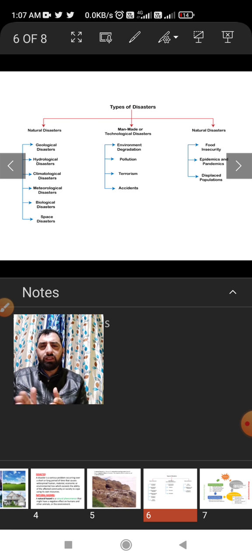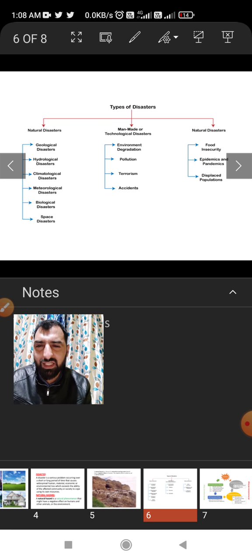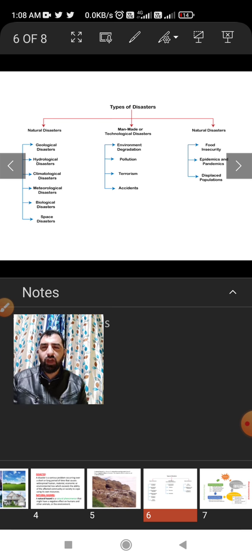So, all these types of natural disasters are driven from different processes. Like hydrological disasters are those disasters which are driven from the hydrological processes, or we can say that hydrological disasters are water driven. The examples of hydrological disasters are floods, tsunamis.